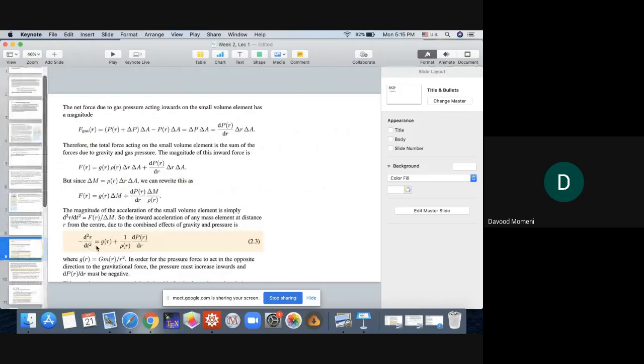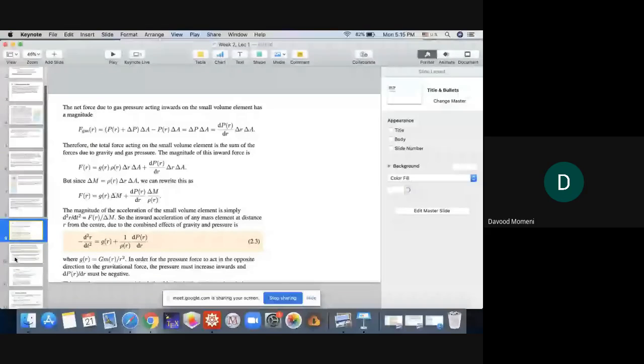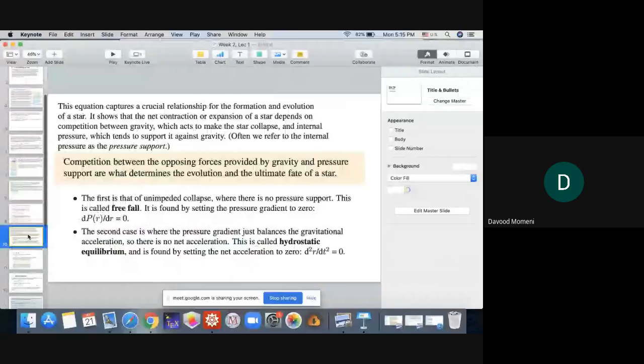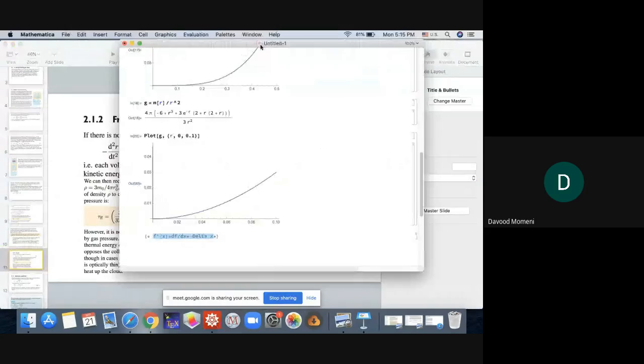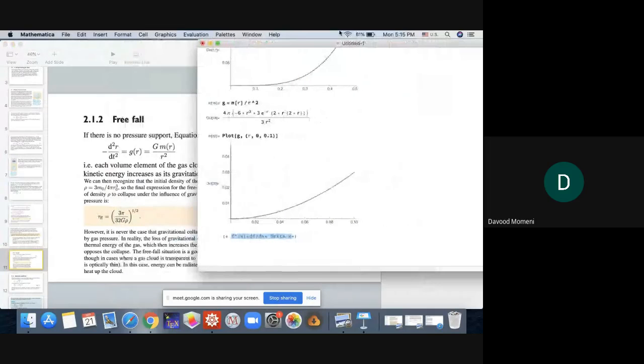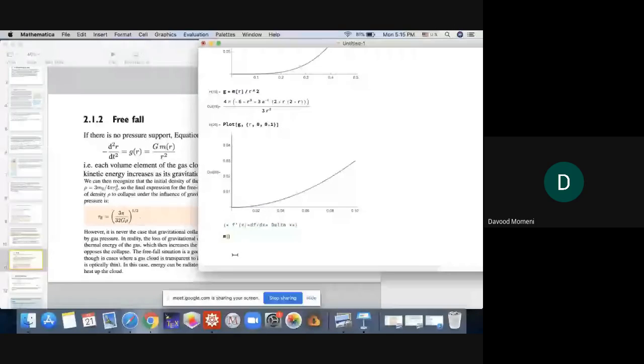Do you want to talk about this equation a little bit? I want to give you the idea about that. These equations give you the acceleration versus the radius. So I want to write a model for the mass, for example, M(r). I write the mass like a constant, like rho multiplied by what?